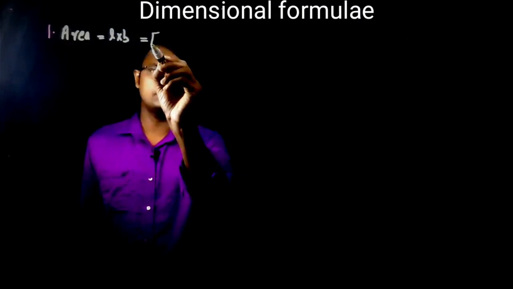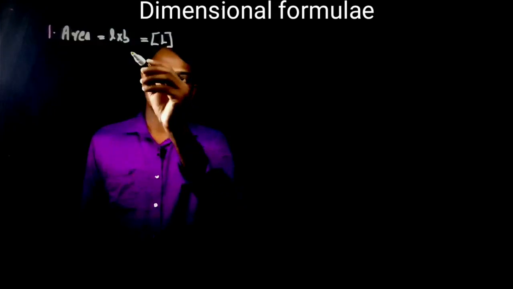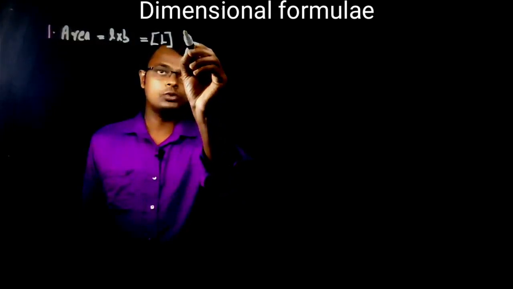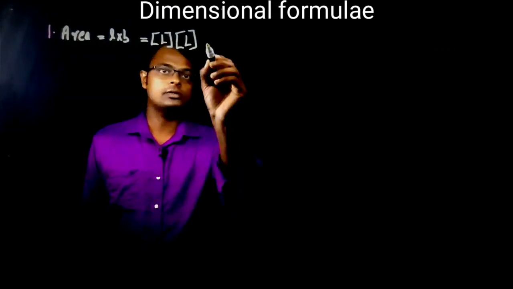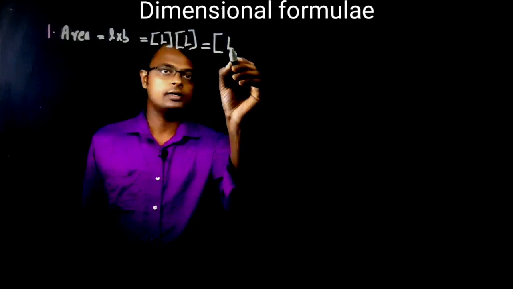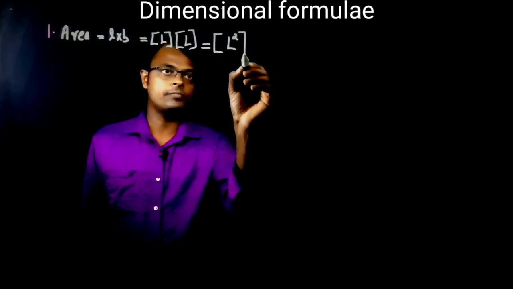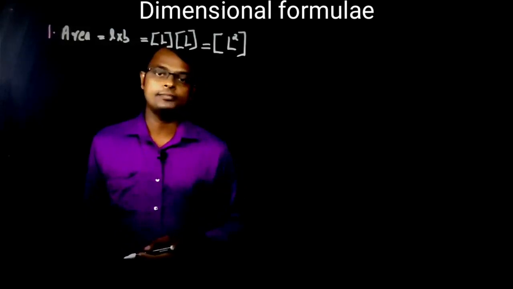Length dimension is capital letter L in square bracket. Breadth dimension is also capital letter L in square bracket. So what is the answer here? You can write the answer as square bracket L square. So this is the dimension of area.